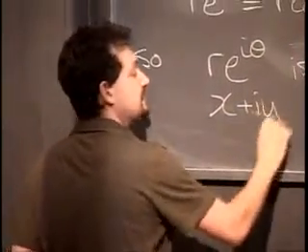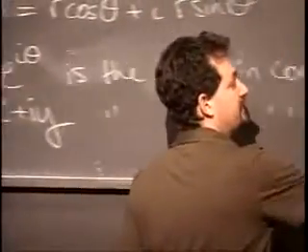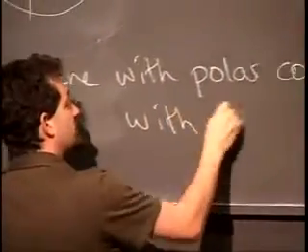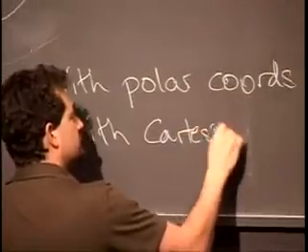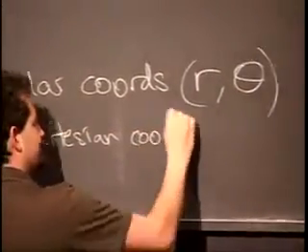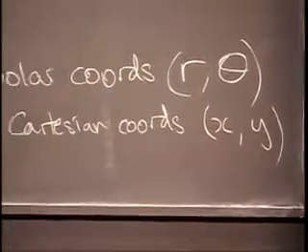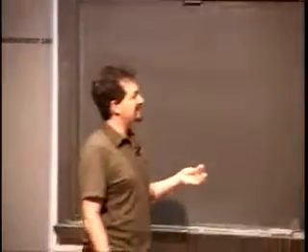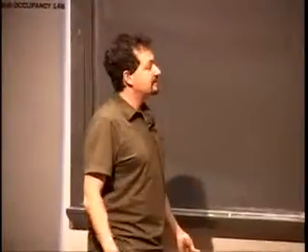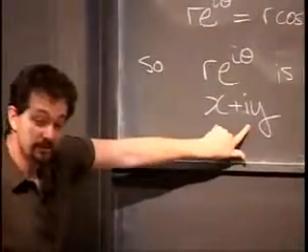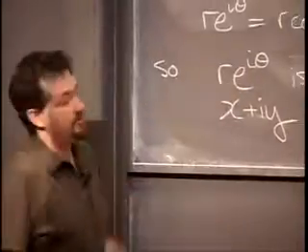Just as x plus iy is the point in the complex plane with Cartesian coordinates x, comma, y. So I've given you two different ways of writing a complex number, and they both correspond to some point in the plane, depending on whether it's x plus iy, in which case you use Cartesian coordinates, or r e to the i theta, in which case you use polar coordinates.